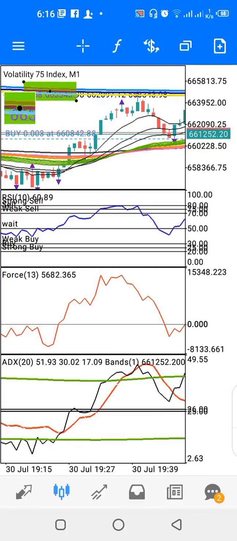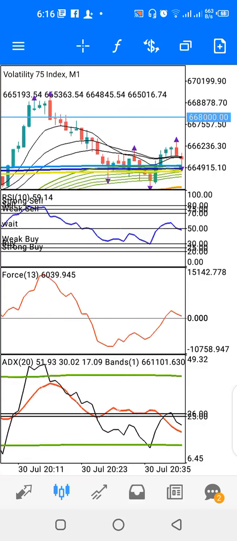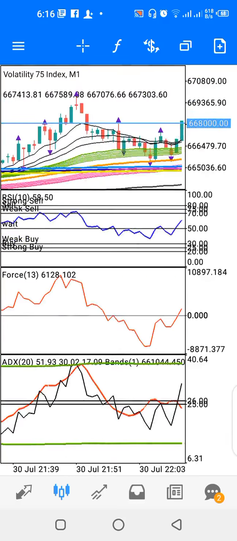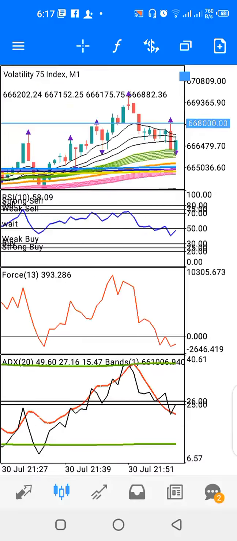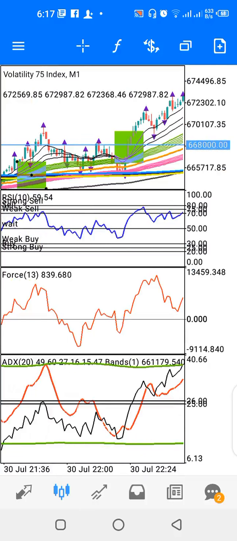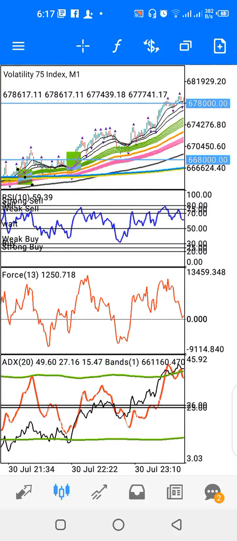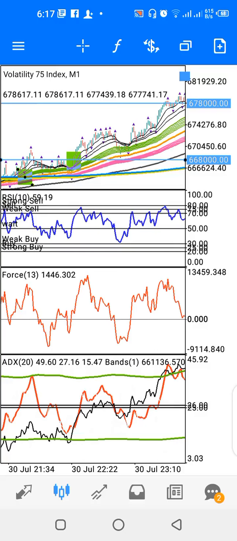This is the trend moving average. When all other moving averages cross above the trend moving average around here, you have every moving average trying to cross above it, and at some point you have everything completely crossing above the trend moving average, which happened around here.